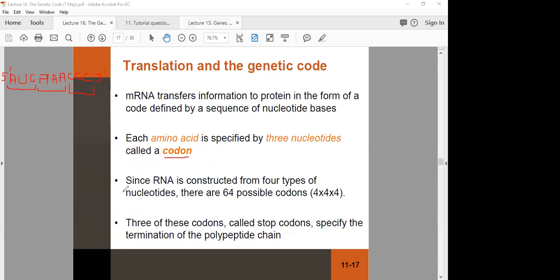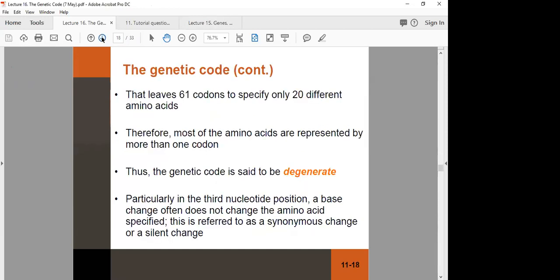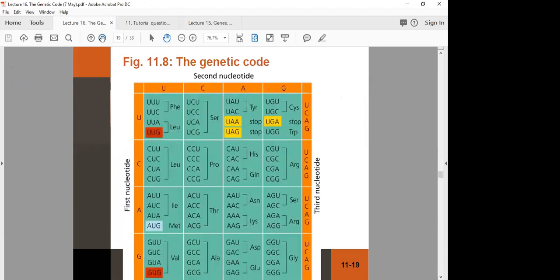Since RNA is constructed from 4 types of nucleotides, A, U, G, and C, there are 64 possible codons. 3 of these codons, as we shall see, are called stop codons, and they specify termination of the polypeptide chain. Bear with me if that doesn't make sense yet. It hopefully will. Okay, I'll come back to this slide in just a minute.